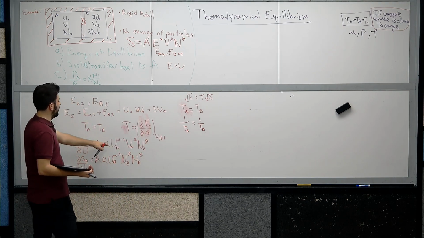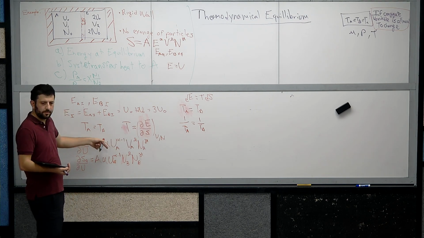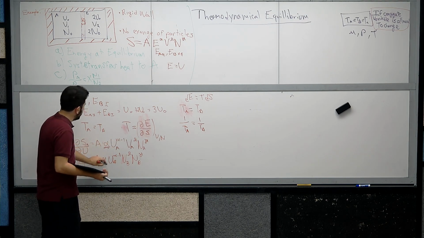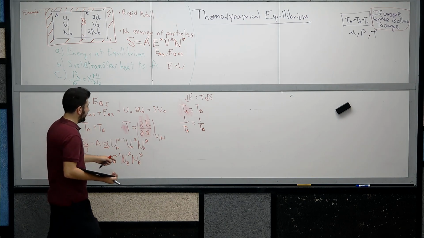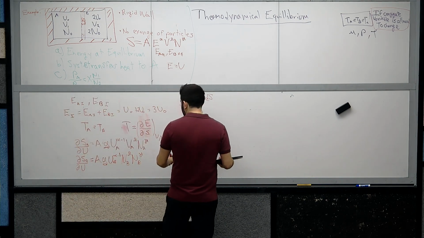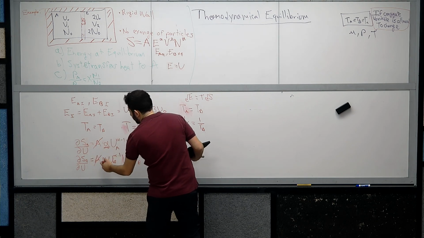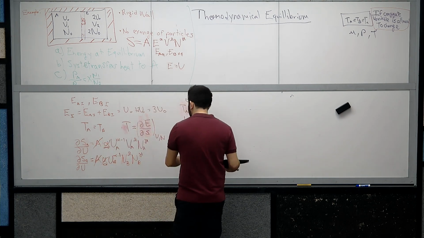Right, the only thing that I did here is just to differentiate the U, right? And there's only this alpha there. These two must be equal. So this A and this A cancel. This alpha and this alpha cancel.